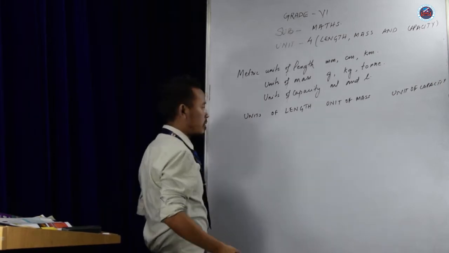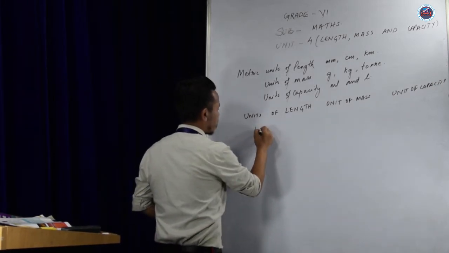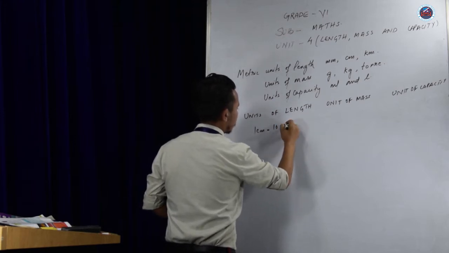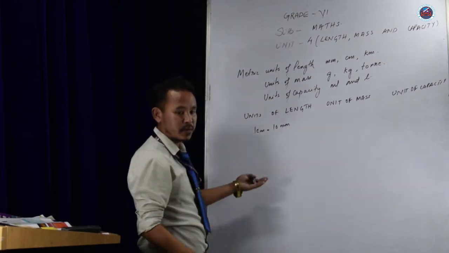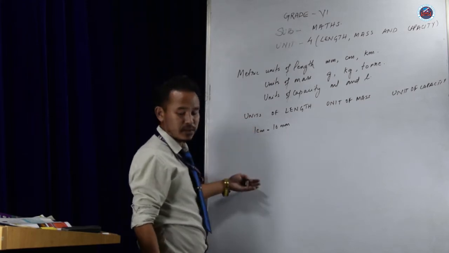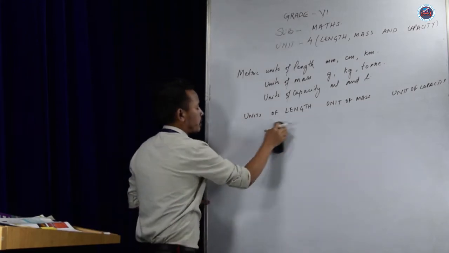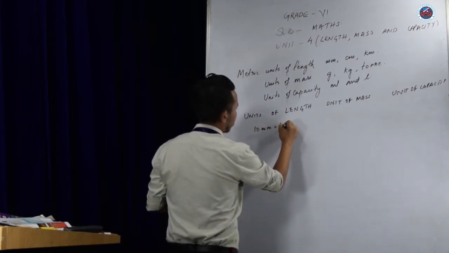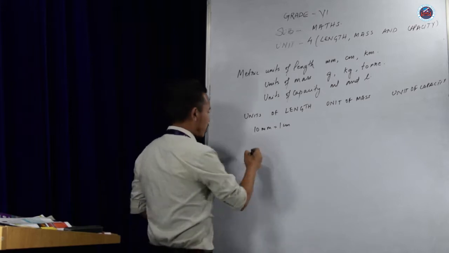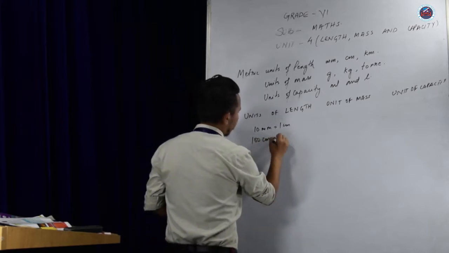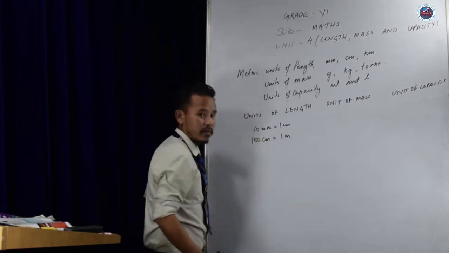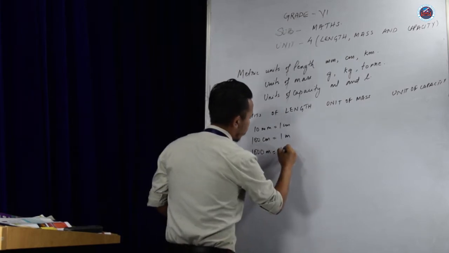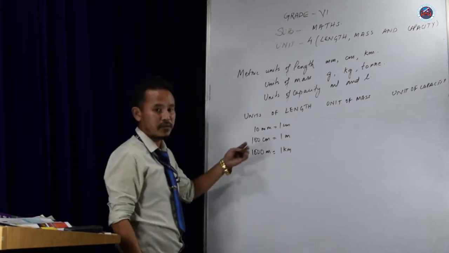We all know that 1 centimeter equals 10 millimeter, or the other way around, 10 millimeter equals 1 centimeter, right? And 100 centimeter will give us 1 meter, and 1000 meter gives us 1 kilometer. That's the unit of length.